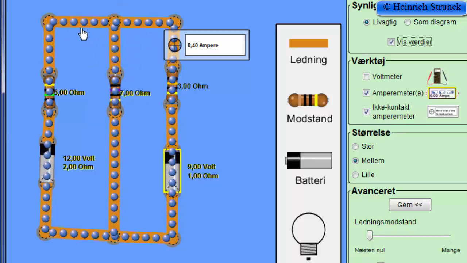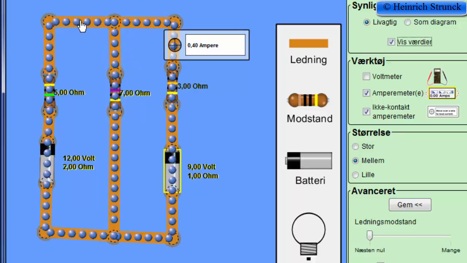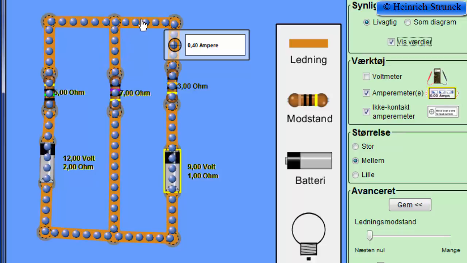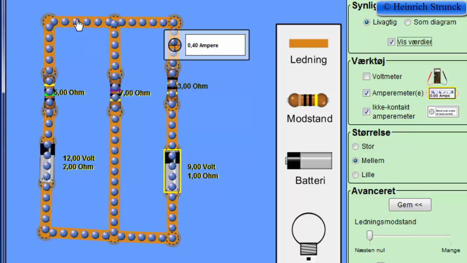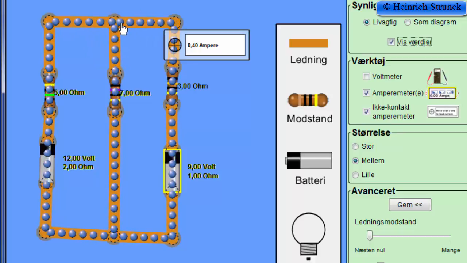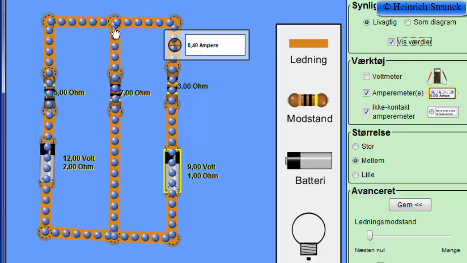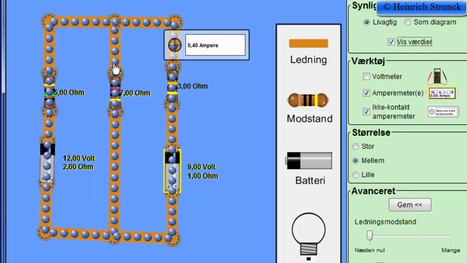Kirchhoff said that the current which goes to the connection point must be equal to the current which goes away from the connection point. So right here, current number 1 goes to the connection point, current number 3 goes to the connection point, and current number 2 goes from the connection point.